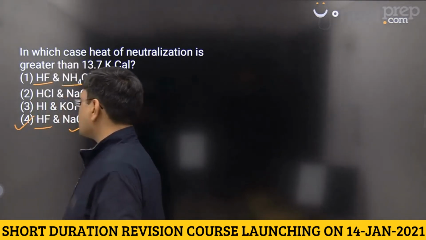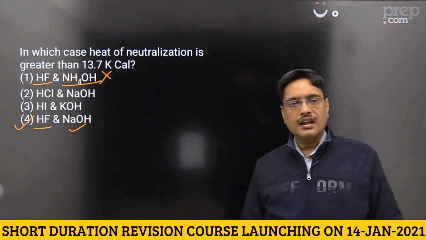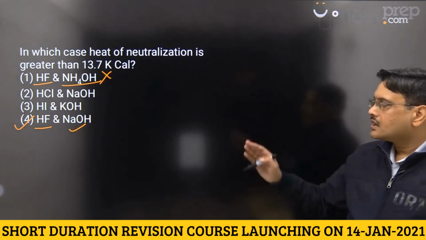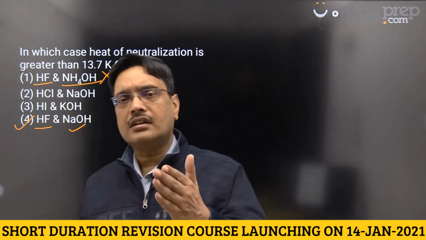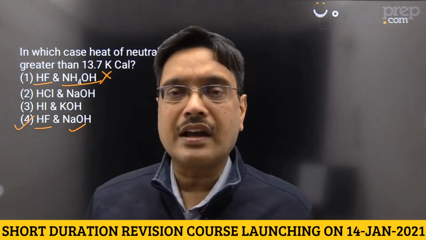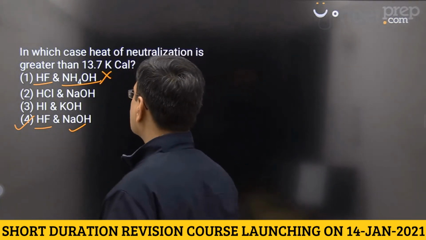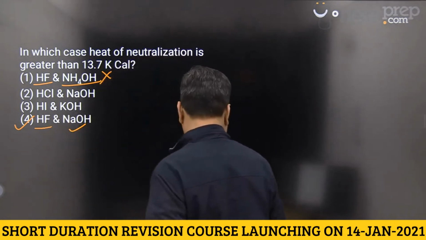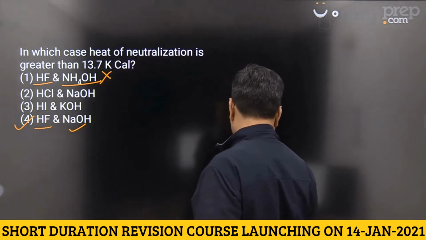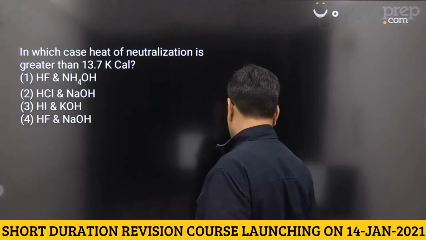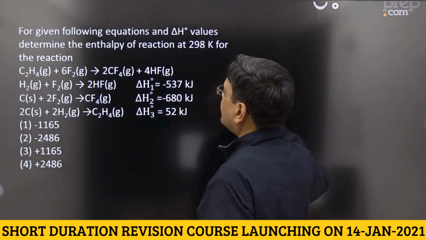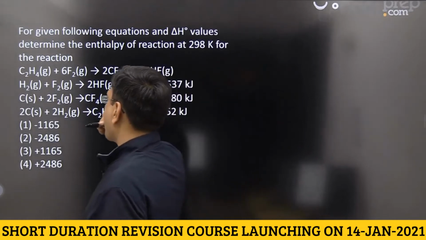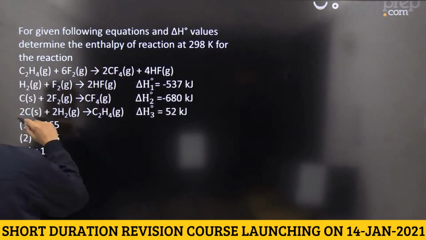It is a strong base, so it is the option. In the case of HF and a strong base, high hydration energy is evolved in the hydration of the fluoride ion due to its smaller size. So this is a fact-based question. See here, good.